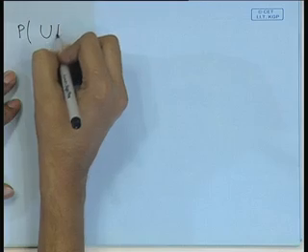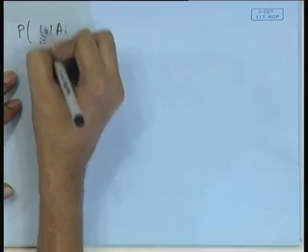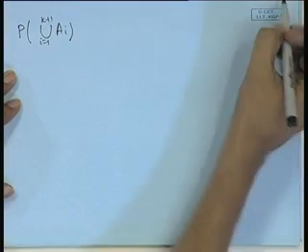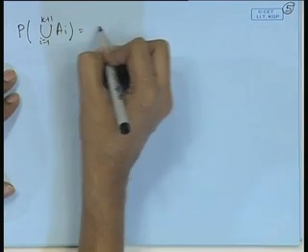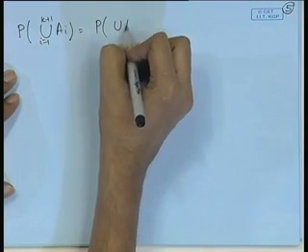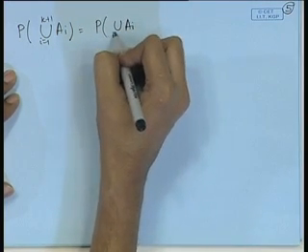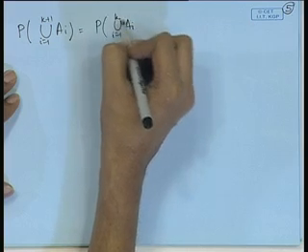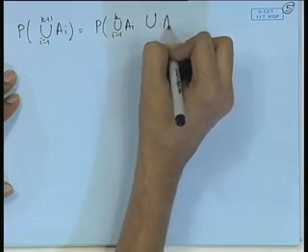So, we need to consider probability of union Ai, i equal to 1 to k plus 1, and we can consider it as probability of union Ai, i equal to 1 to k, union Ak plus 1.